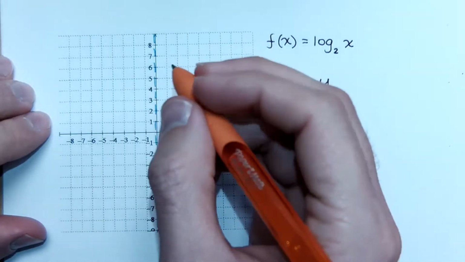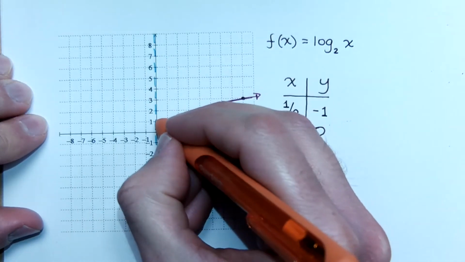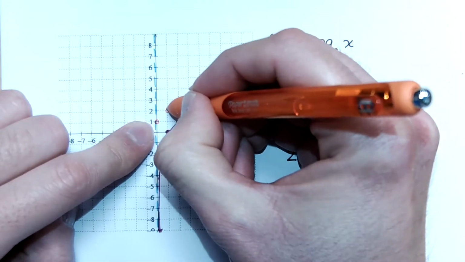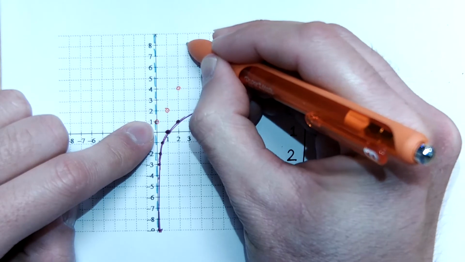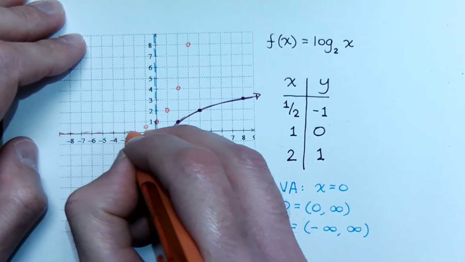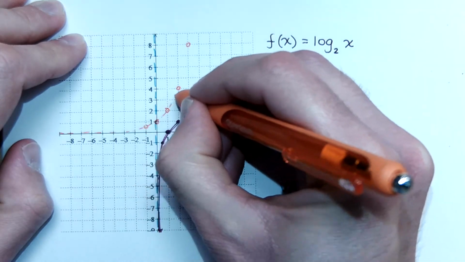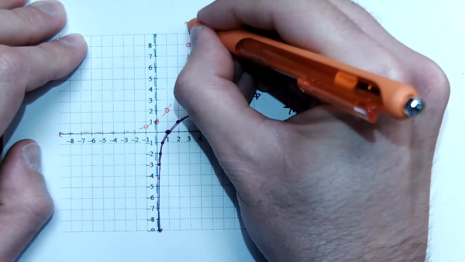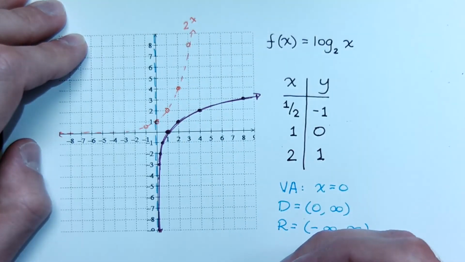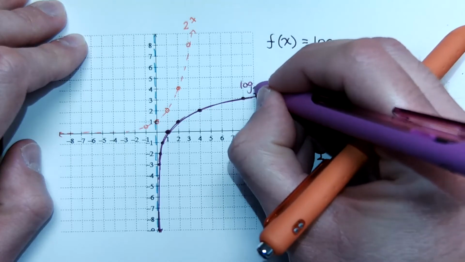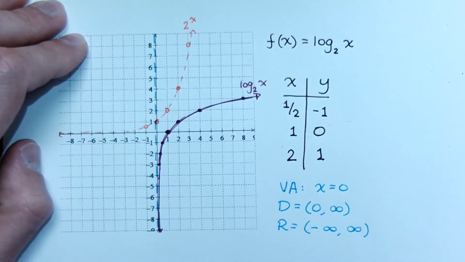If you look at the exponential, the exponential would have been up 1, 2, 4, and 8. And then here's the 1/2. So your exponential would have looked like this with a base of 2. Okay, so this is 2 to the x. And here this is log base 2 of x.